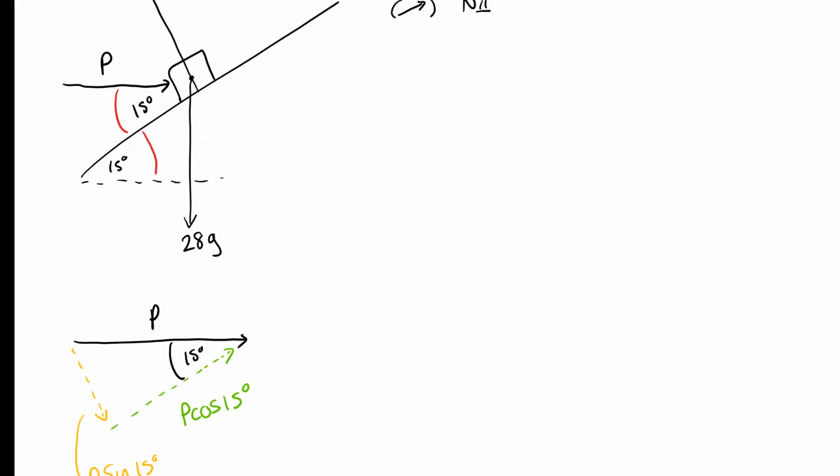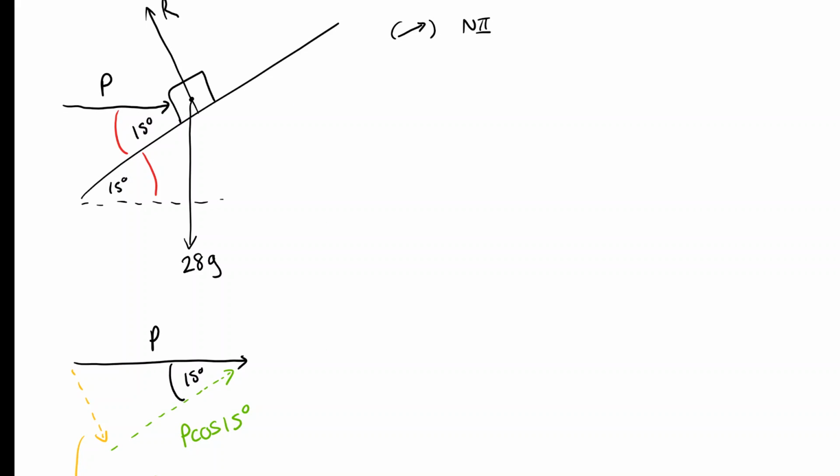Okay. So acting up the slope, we've got P cos 15 degrees, and acting down the slope, so negative, we've got 28g sine 15 degrees. That component is this one here.